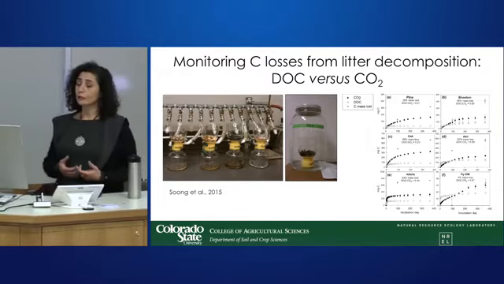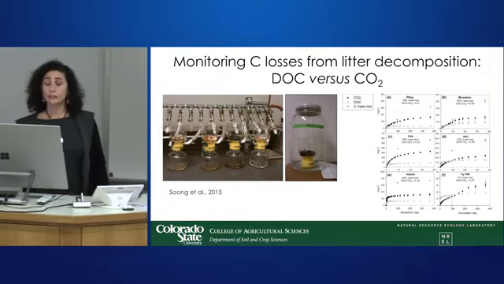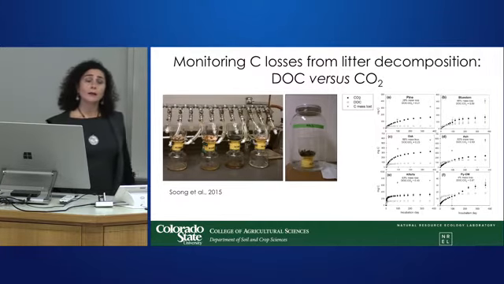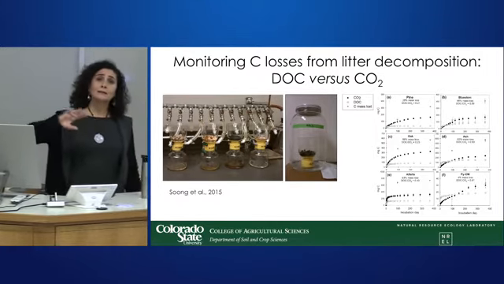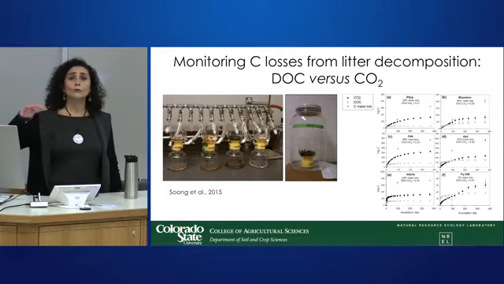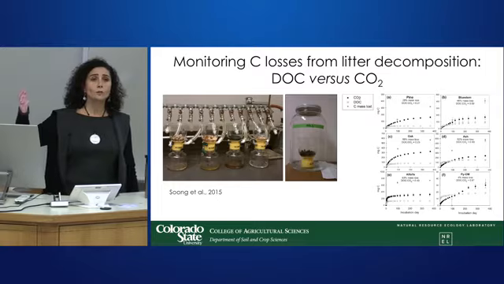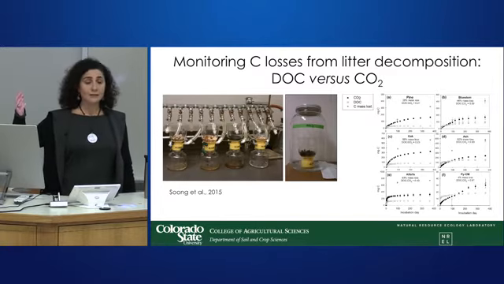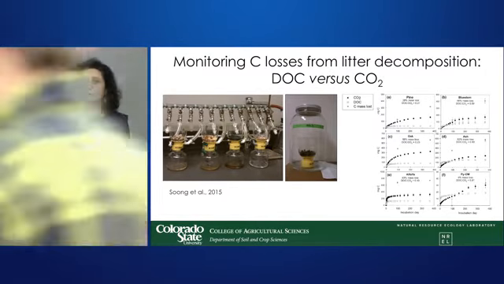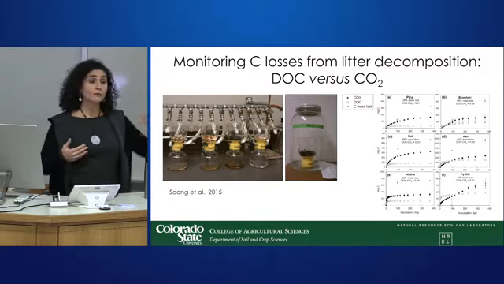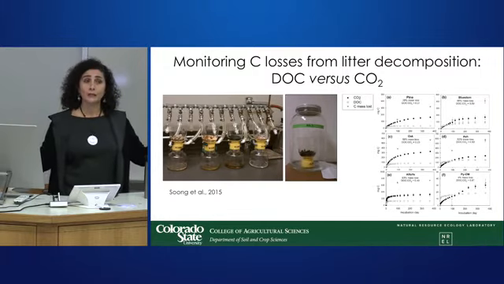The pyrogenic organic matter is even more extreme, very highly condensed aromatic. What we were hoping for was a nice linear regression between CO2 and DOC, so that even if DOC had not been studied in many studies, we could apply that regression from the literature and estimate how much DOC was coming from either CO2 or maybe from decay rates.